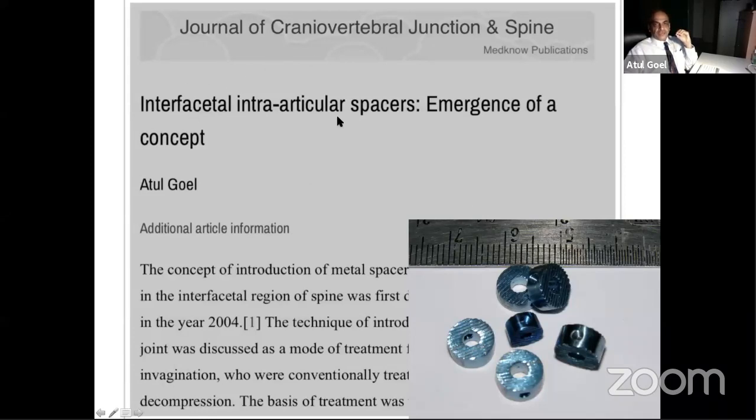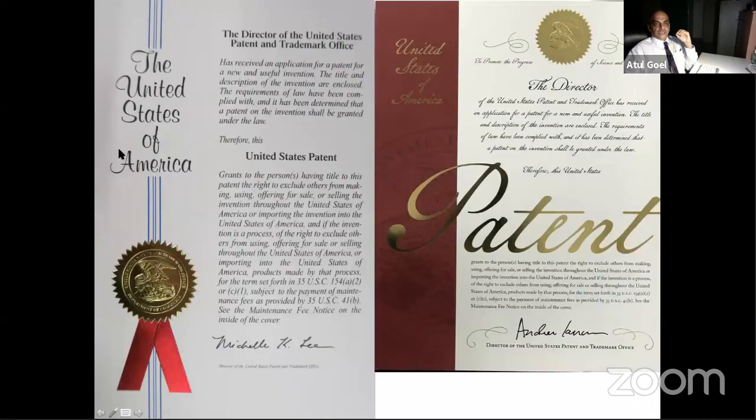So interfacetal intra-articular space is a concept, and these are my spacers, which I have patented in the US. Not only are the spacers patented, the technique is also patented. This technique is called the Goel Facet spacer technique, and these spacers are called Goel Facet spacers.